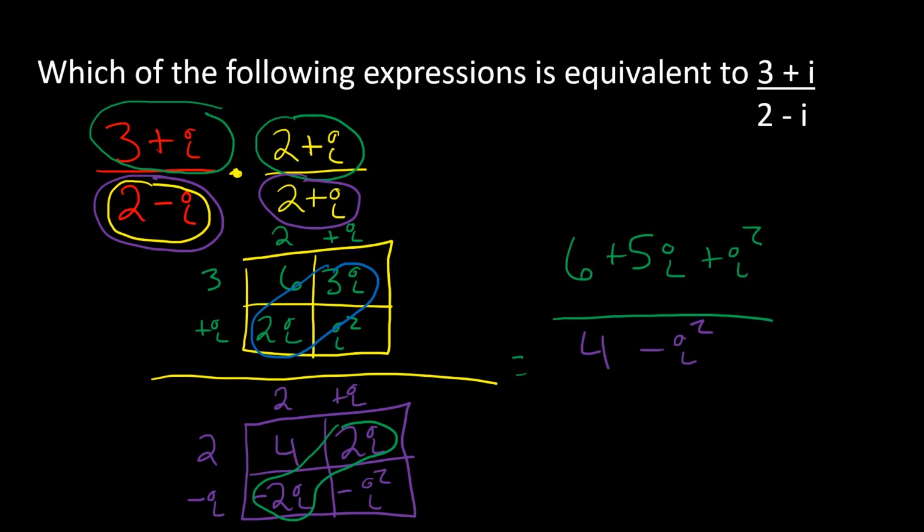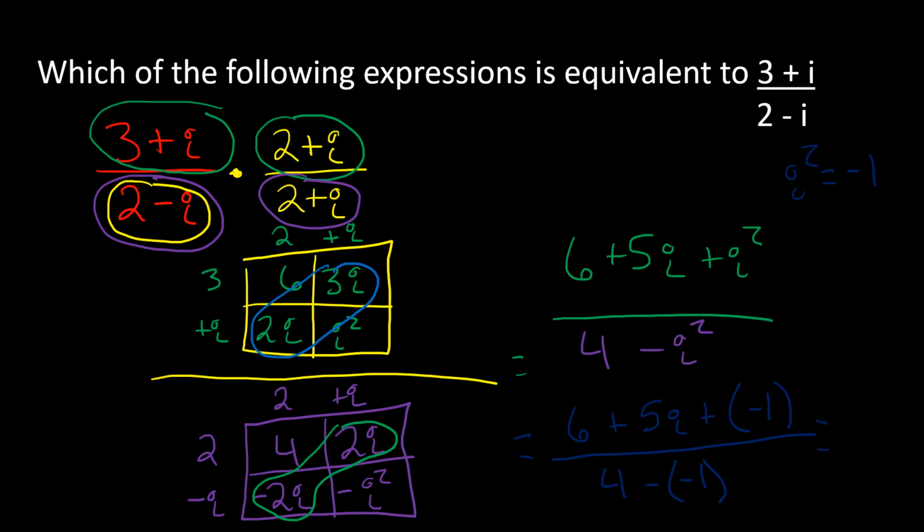Okay, and so let's start simplifying this a bit, because we know that we could have 6 plus 5i plus, we know that i squared is negative 1, right? i squared is equal to negative 1, over 4 minus, remember we put this in parentheses, this is going to make an importance here, minus 1. And then we just combine like terms.